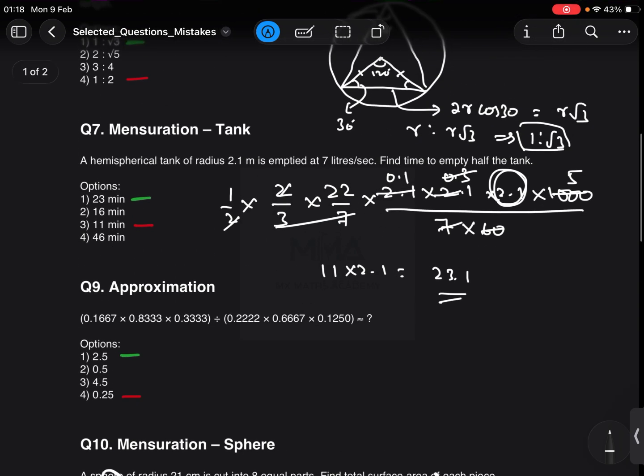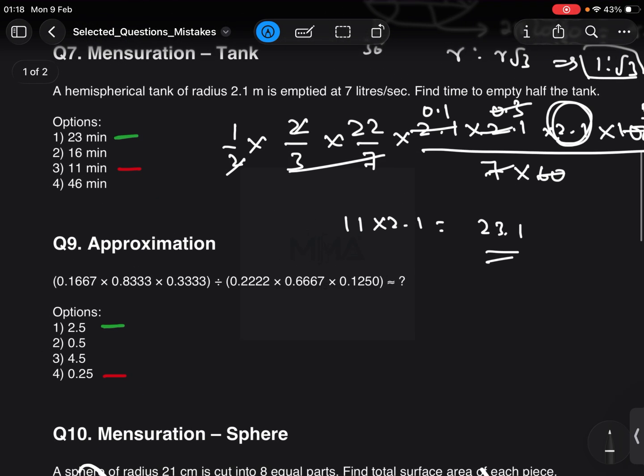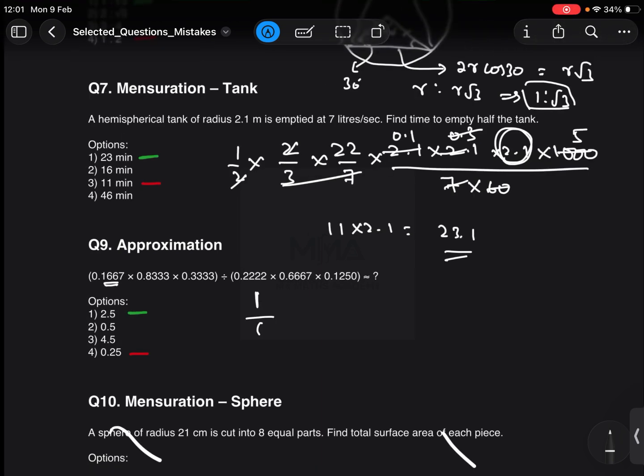And coming to this question, here you can write this as 1 by 6. Since 0.08 is 1 by 12, you can write this as 10 by 12, and this is 1 by 3. Since you have a divided by symbol, everything that comes after this, you'll write its reciprocal.